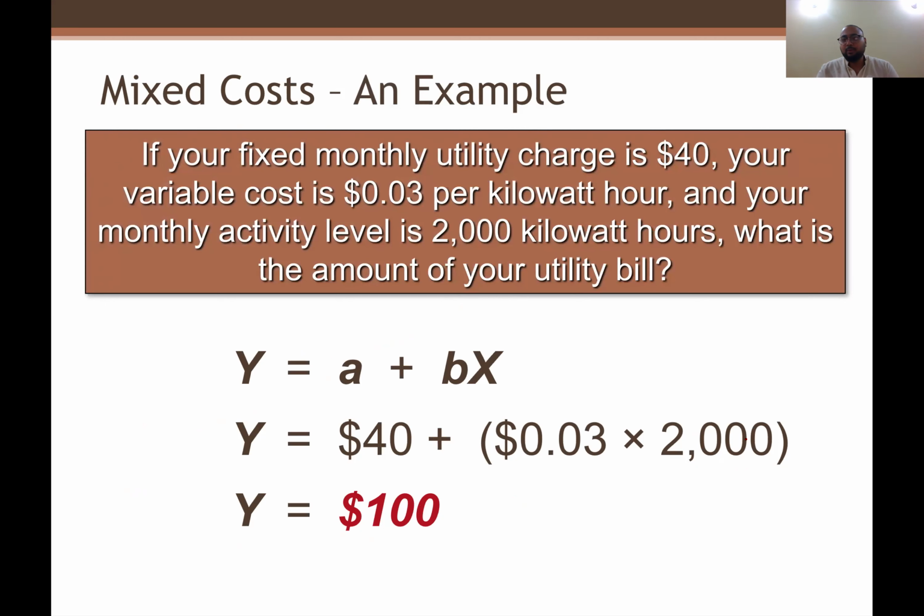If your fixed monthly utility charge is $40, your variable cost is 0.03 per kilowatt hour, and your monthly activity level is 2,000 kilowatt hours, what is the amount of your utility bill? Simple. Your variable cost per unit of electricity is 0.03, and you use 2,000.